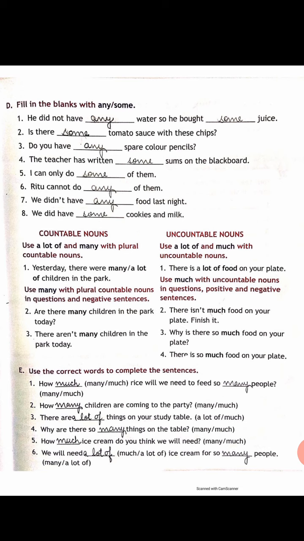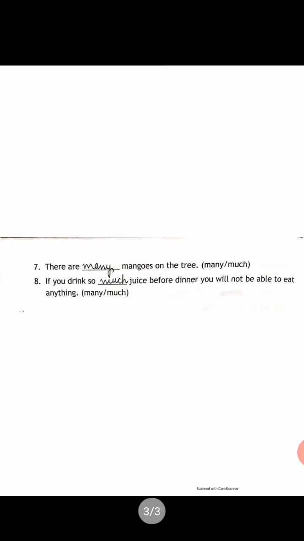Okay. Now use the correct word to complete the sentences. How much rice will we need to feed so many people? Now, how many children are coming to the party? Because the plural form is used here, we have used many here. There are a lot of things on your study table. Why are there so many things on the table? How much ice cream do you think we will need? We will need a lot of ice cream for so many people. There are many mangoes on the tree.